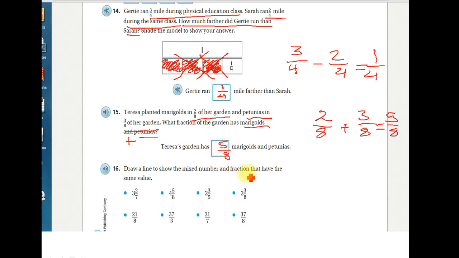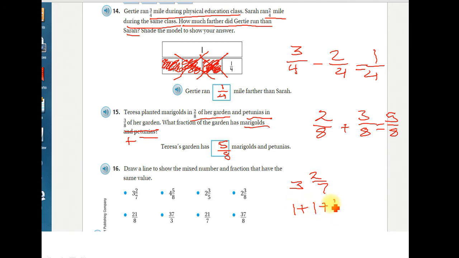Pretty straightforward problem there. Now 16, same idea. All you have to do is take each one of these top mixed numbers and change them to an improper fraction. So I'll do the first one and show you how to do that. The first one is 3 2/7. And remember, I can rewrite 3 as 1 plus 1 plus 1, right?